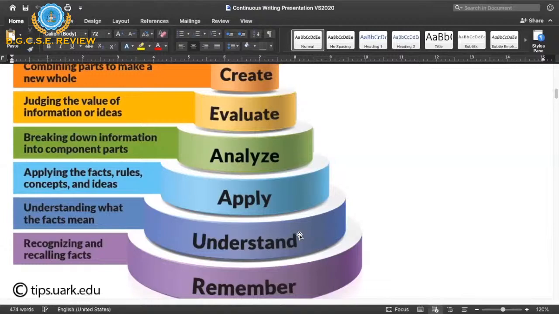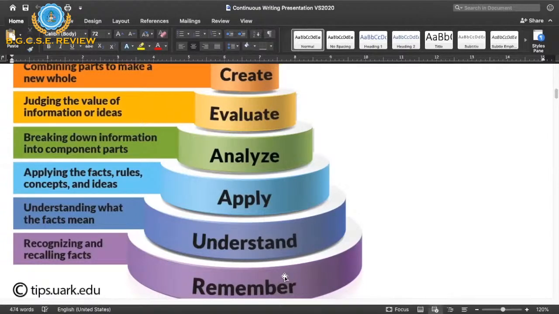For example, what does a descriptive writing entail? How do you do that? What does an expository writing entail? How do you do that? What techniques do you use? We were at the understanding level when Mr. Taylor was showing you examples, giving you verbal examples of each of these essay types and telling you how to execute them. Again, we're going up the pyramid.